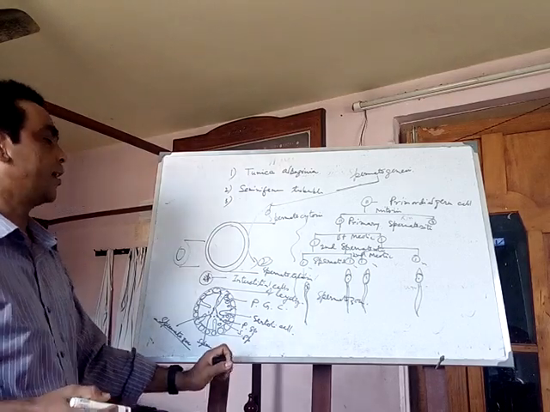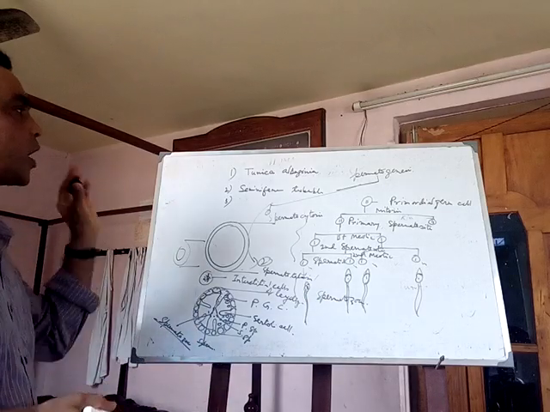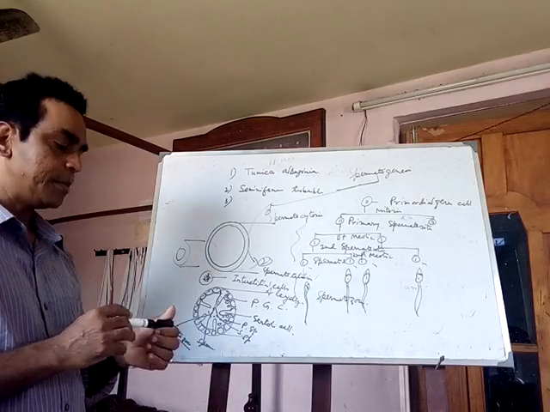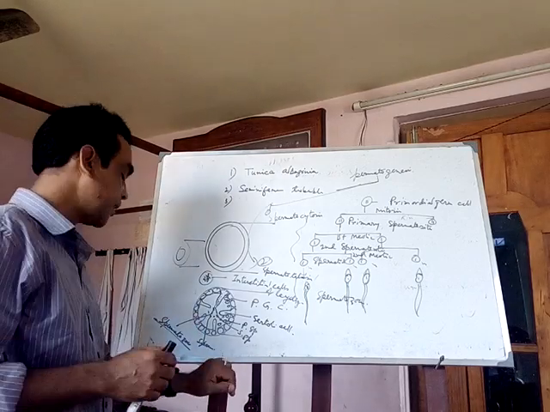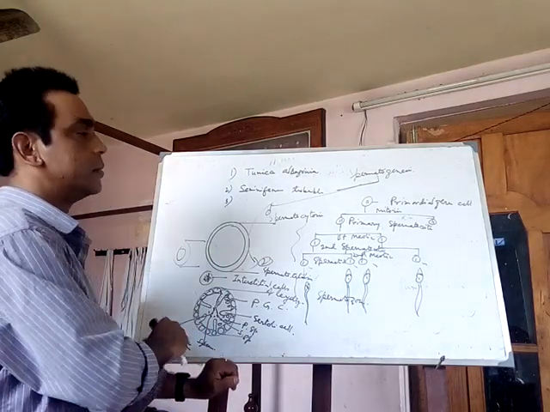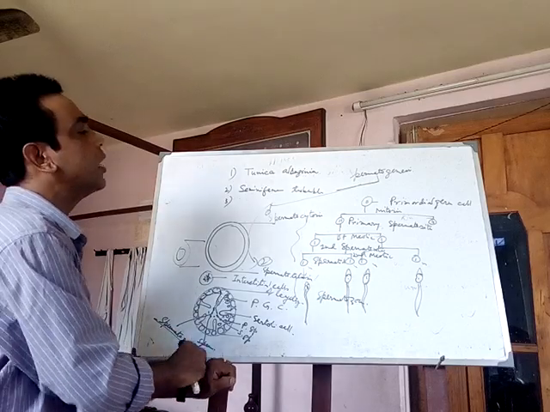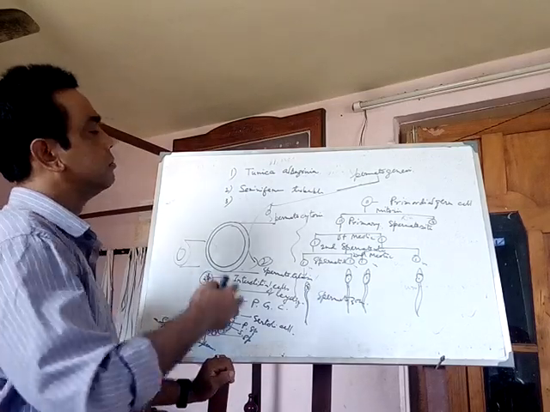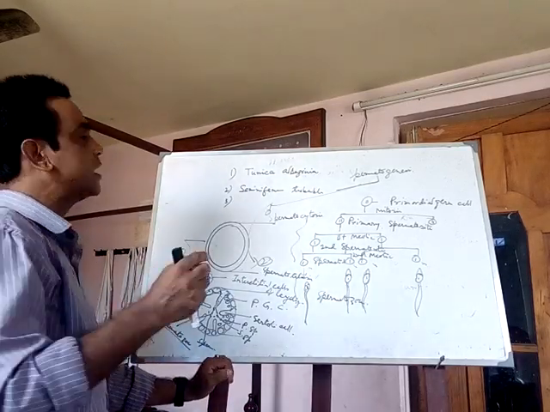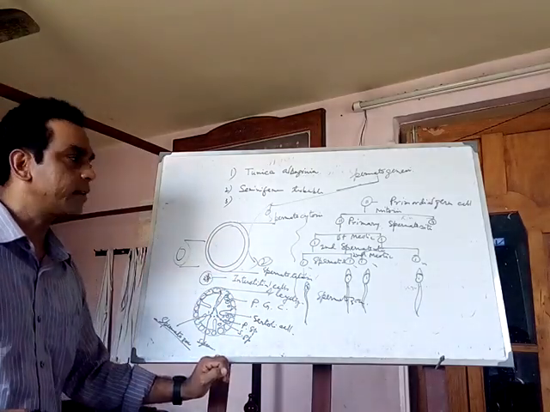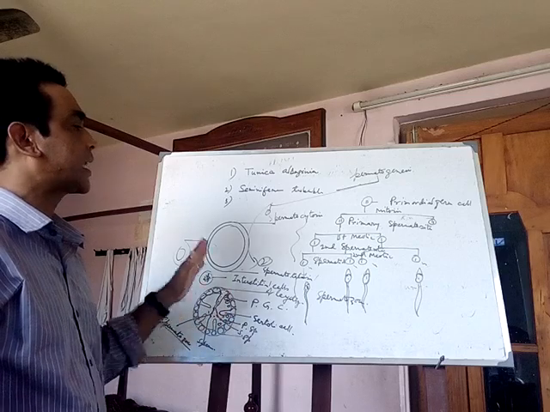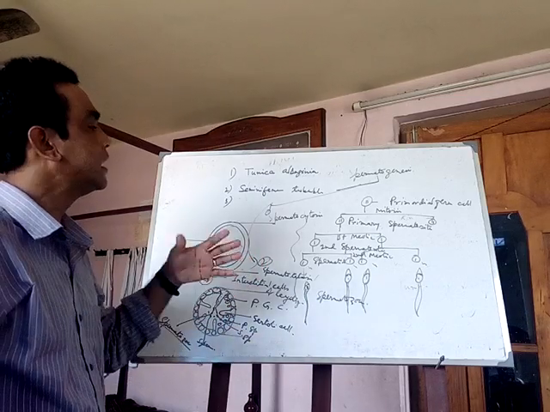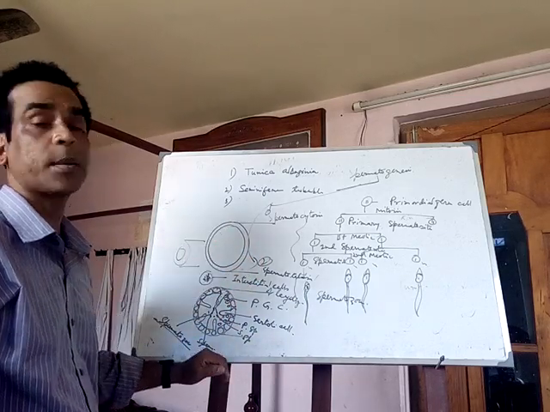So I listed here the total system of the male sexual organ and their parts, the peculiar diseases of the male sexual organ, and the structure and the gametogenesis process found in the male sexual part, that is spermatogenesis.